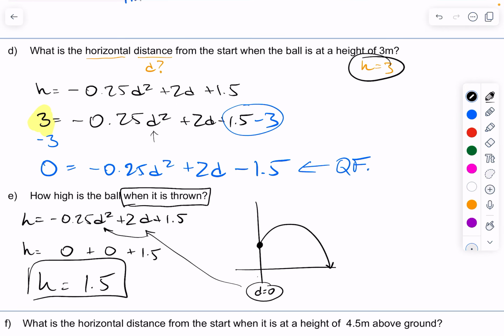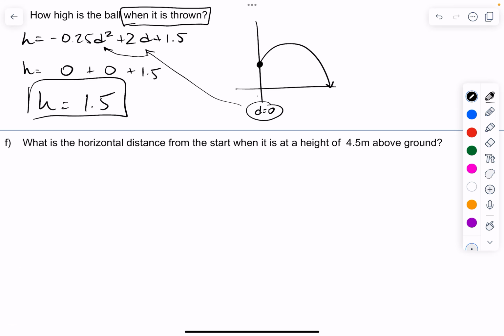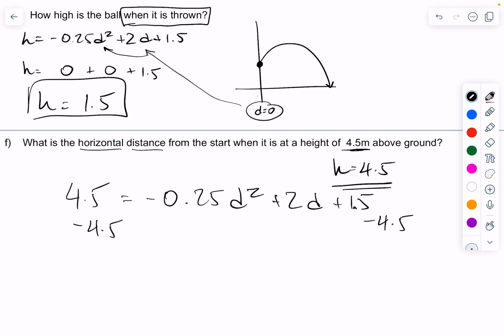That's that. Okay? And then the last thing that I'll say is what's the horizontal distance when it's at a height of 4.5? So we know h is 4.5. I'll let you do this, but basically we say the height is 4.5. And now I have to subtract 4.5 just like we did. And then we're going to use quadratic formula on this.